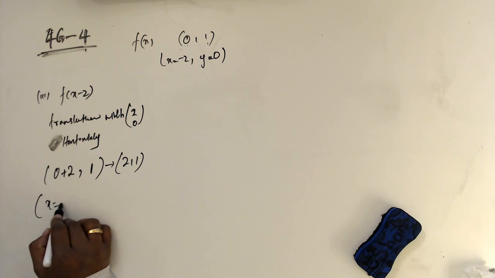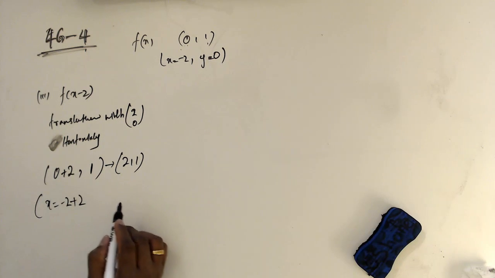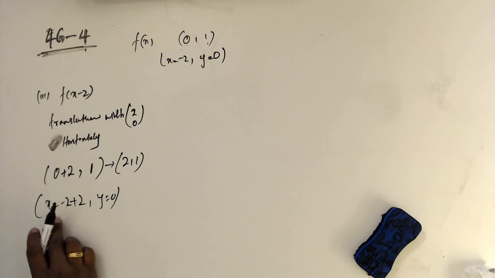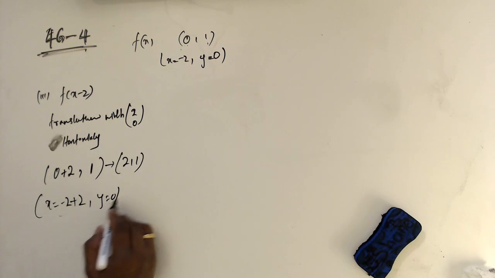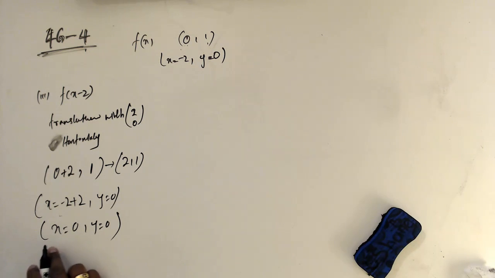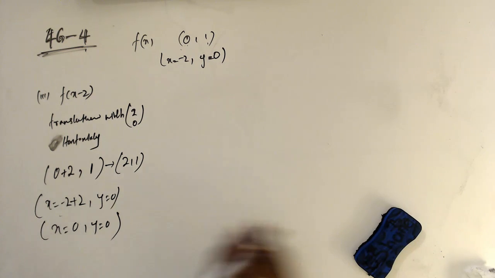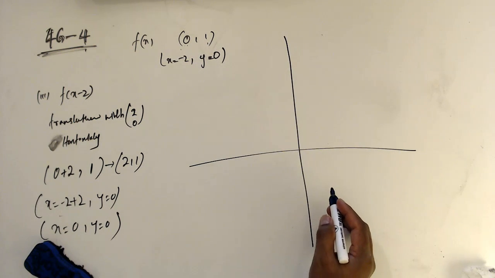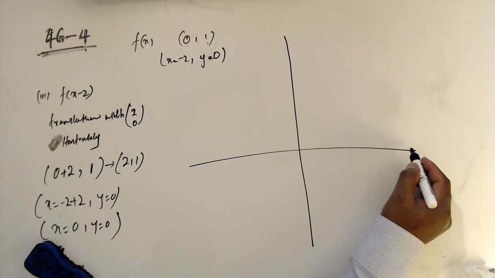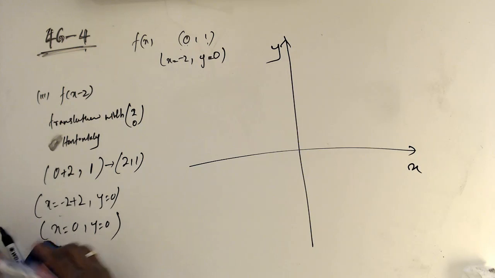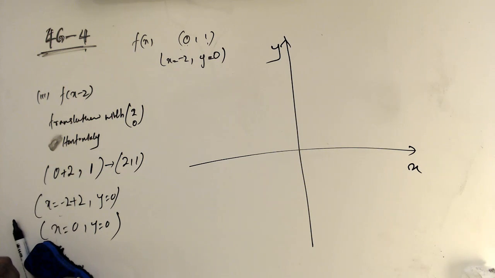Now I have x equals minus 2. I want to add 2, and y equals 0, because then the asymptotes will be x equals 0 and y equals 0, which is the y-axis and x-axis. Now x equals 0 and y equals 0 are going to be the asymptotes.